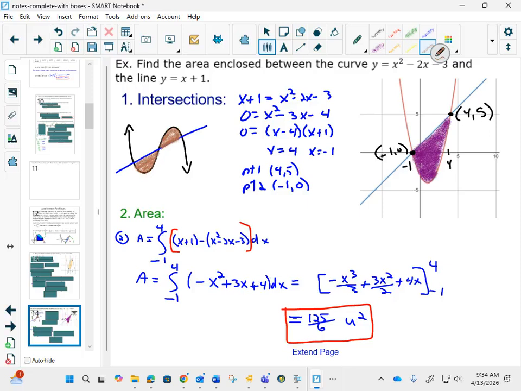So if I did blue minus black, this would be positive, but this would be negative, and if you put them together, they would cancel each other out and life would be bad. Your answer would be wrong. So this is the one situation where you have to be careful. If the area between the curves is separated into two sections, and one time the blue graph is on top, the other time the black, and we'll get to some examples.